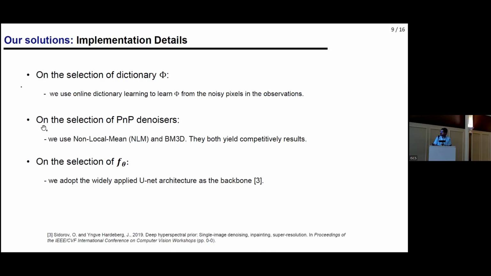So we do plug and play, and because we don't want to train the algorithm, we are just using off-the-shelf algorithms like non-local means and also BM3D. These are the denoisers that are already used for replacing, let's say, the soft threshold. And at the last stage, we are solving the problem using the inductive bias of the U-Net.